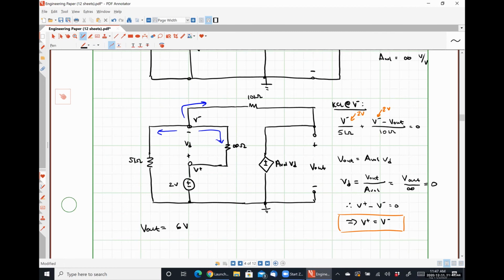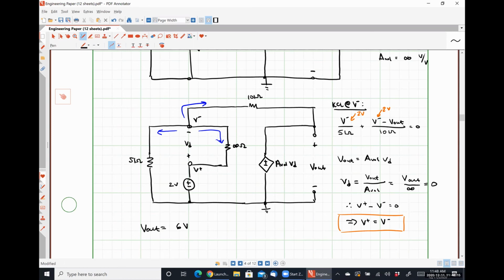So my question to you guys is, how much different from a results standpoint is the ideal model, where R out is equal to 0, R in is equal to infinity, and AV open loop is equal to infinity, from the model we used using actual parameters?